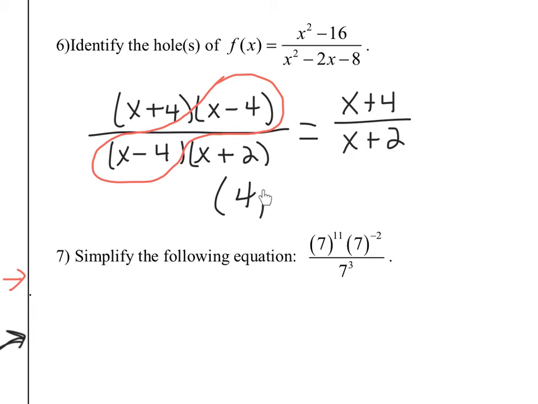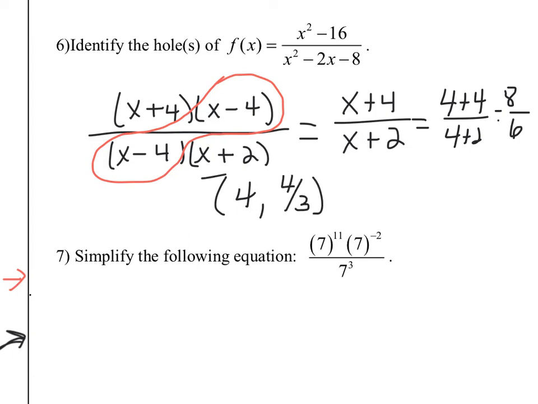So now I'm going to substitute this 4 into this x to get my y value. So that's 4 plus 4 over 4 plus 2. And that gives me 8 over 6, or 4 over 3. So the coordinate for my hole is 4, 4/3.